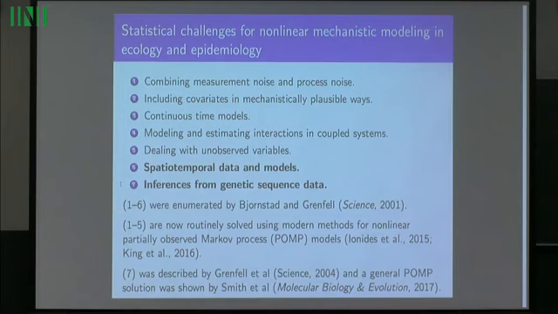And 1 through 5 of these, if you're into time series, you'll recognize as a state space model, sometimes called a partially observed Markov process. And nowadays, these can be fairly routinely solved.